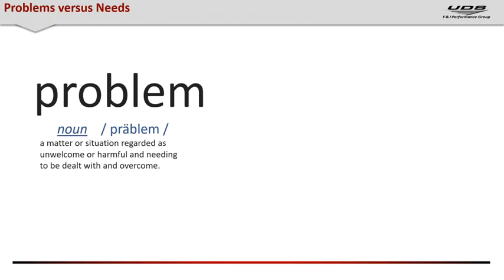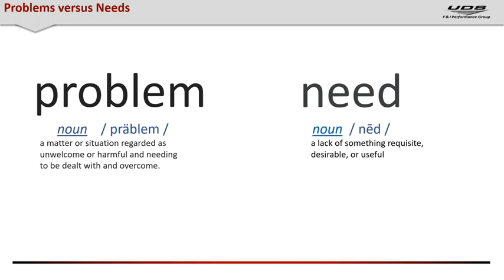A matter or a situation regarded as unwelcome or harmful and needing to be dealt with and overcome. A need is different. A lack of something requisite, desirable, or useful. The difference between a need and a problem is a problem doesn't necessarily have to be dealt with, but a need does. So when we can create needs in F&I, we have an advantage.